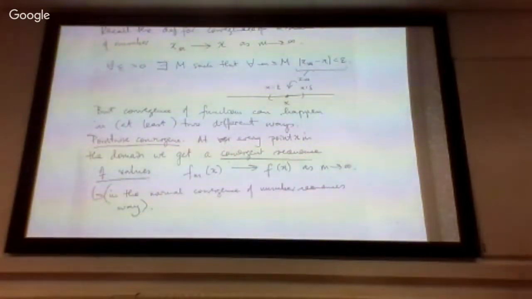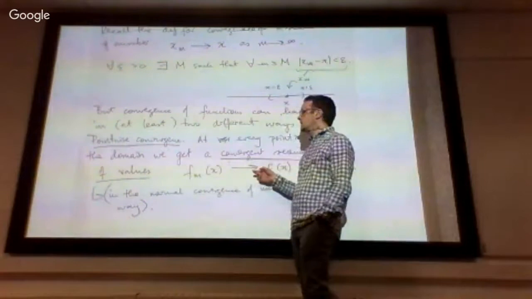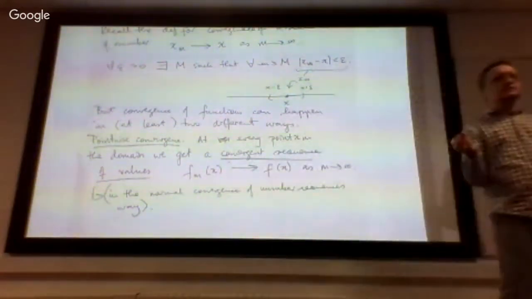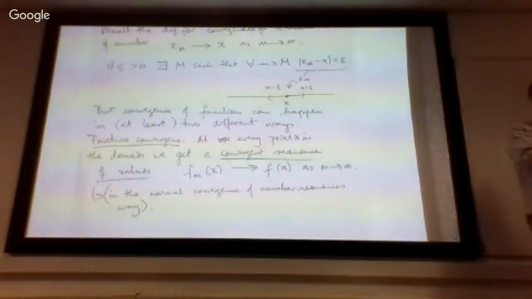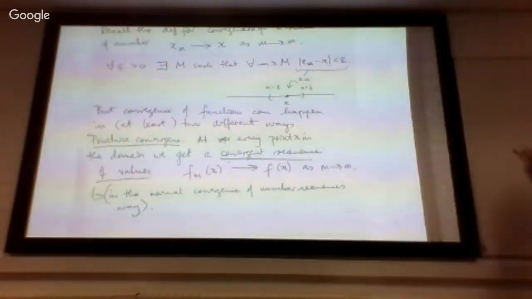So the crucial point about this is there's no requirement about the overall rate of convergence. Just as long as you've got a convergent sequence of values at each point x, then we can say that the sequence of functions converges to f pointwise. At every point, it converges.